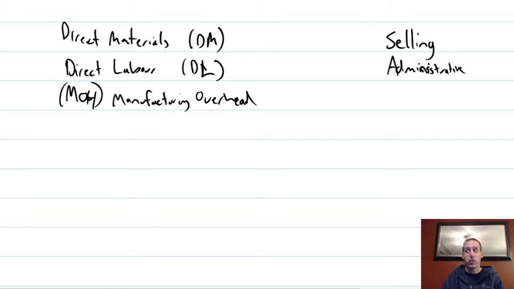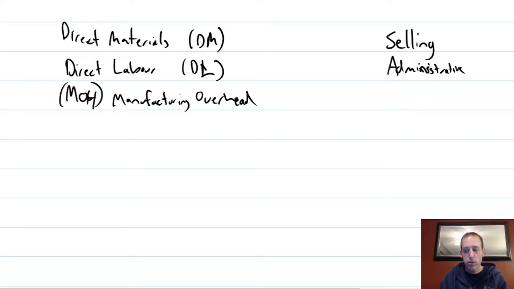We'll learn about activity-based costing and job order costing, and there's process costing and several other types of costing methods, and it's fundamental to the first half of this class. But to understand any of that, you really have to nail down this terminology.